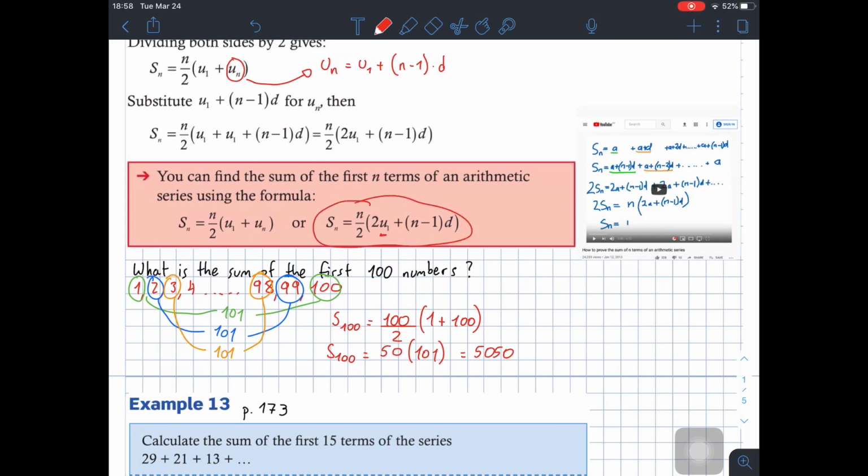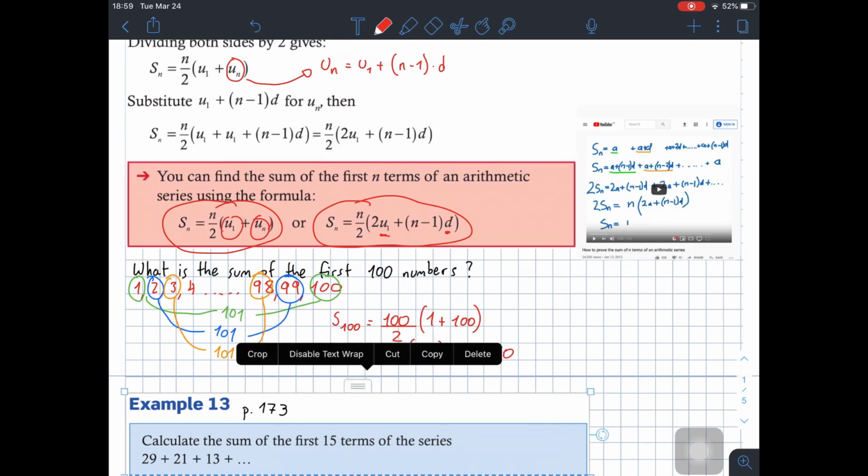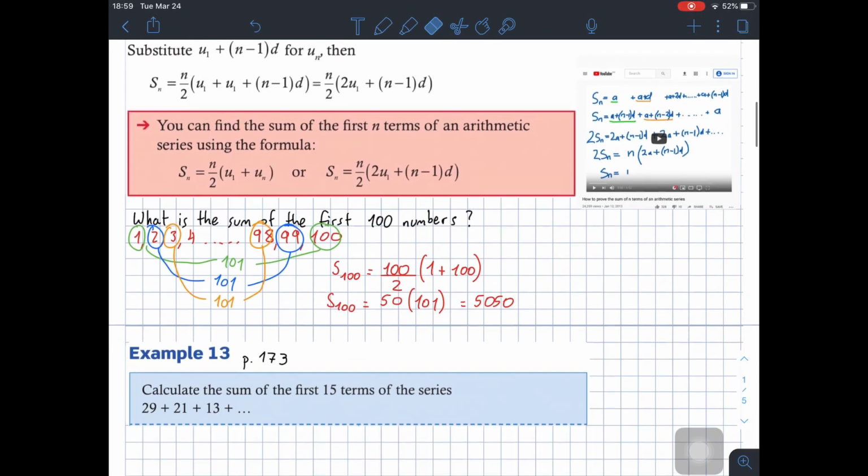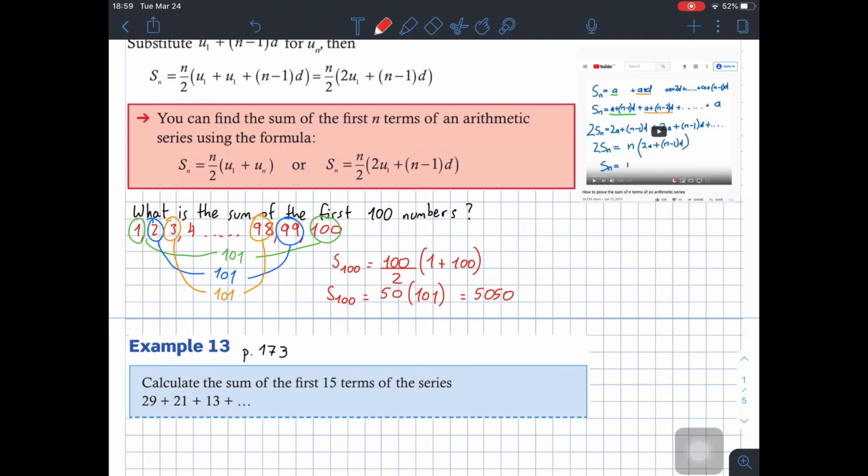Because in this case, you'll have u1 and the common difference. Now, if you're given, or if you can calculate the last term, maybe this formula is easier to use, right? Because it has fewer terms. It's only the first term plus the last term, then n divided by 2. So that's for you to analyze which one you prefer.